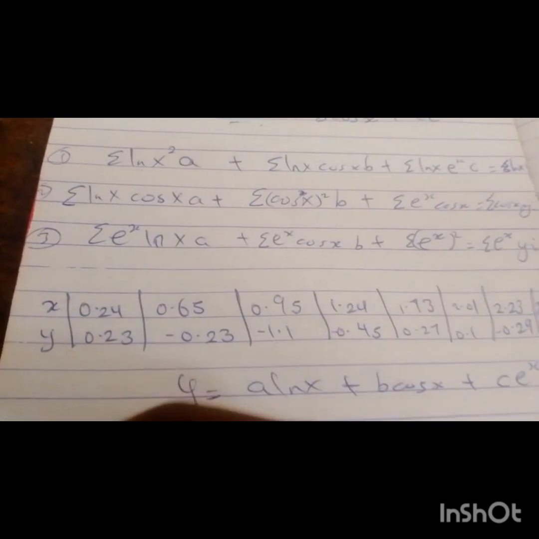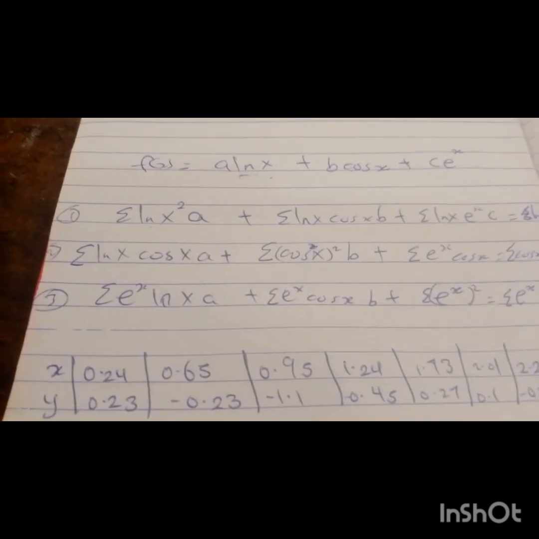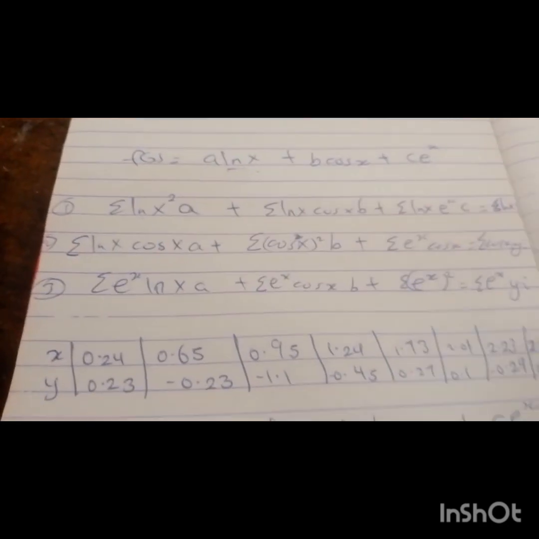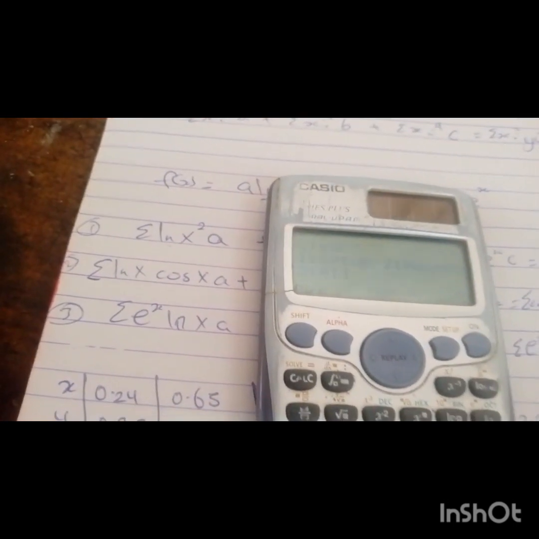So let's get to equation 1. Equation 1 will be ln x squared, right? Let me just show you how that will be done. It might look a little tricky, right?